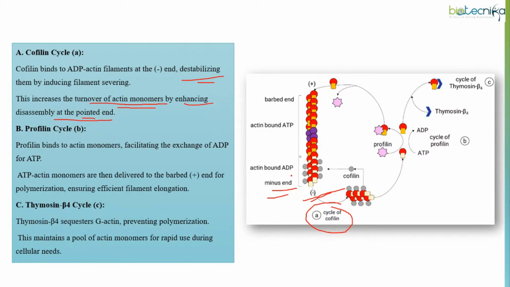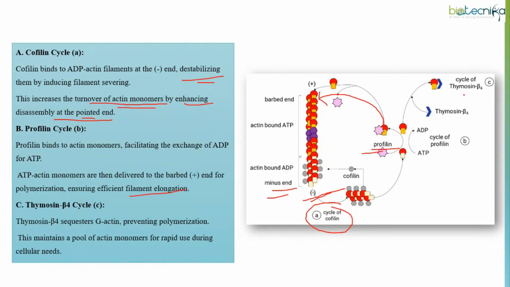When you are degrading these filaments, you are getting the monomers, so you are saving the monomers for future treadmilling. When it comes to profilin, as you can see, it is an ATP-ADP exchange. Due to this exchange, it contributes towards the barbed end, so polymerization and filament elongation take place.